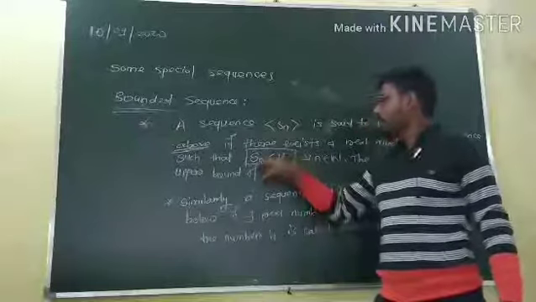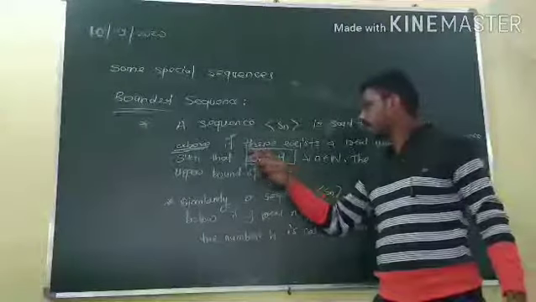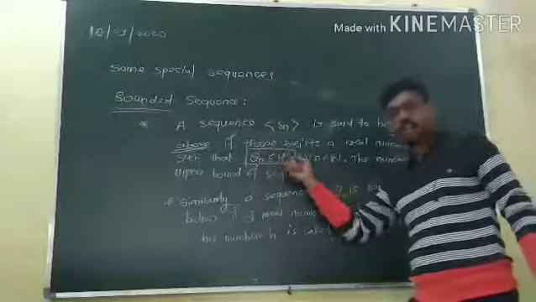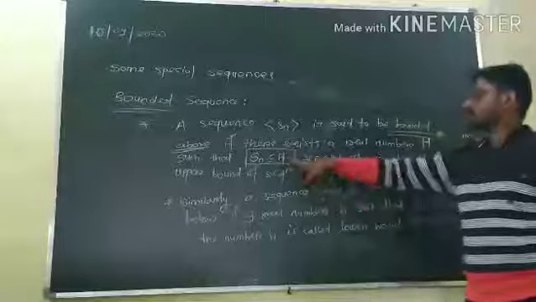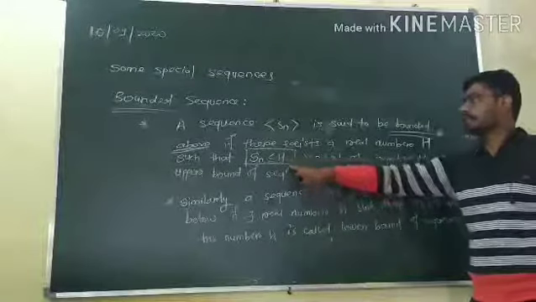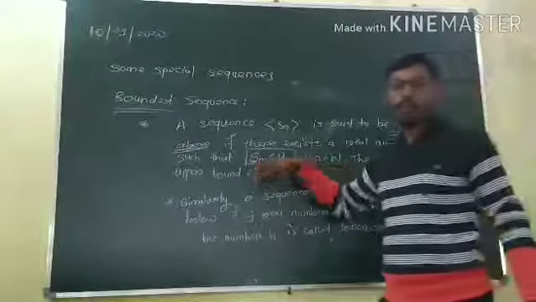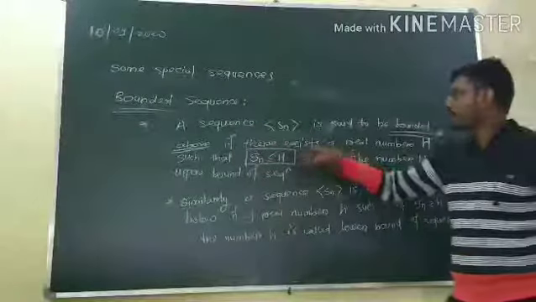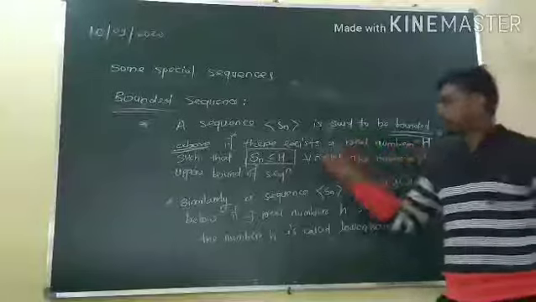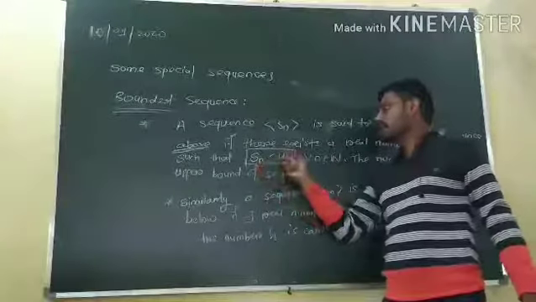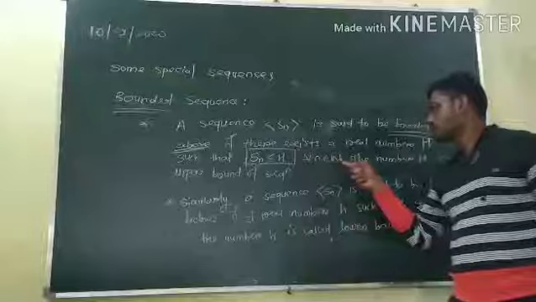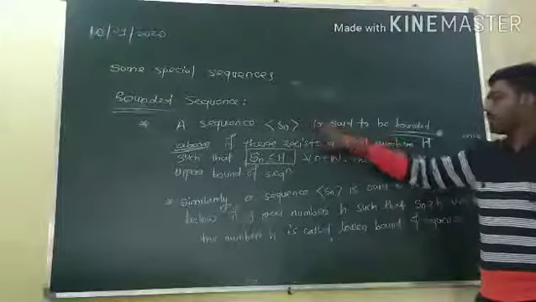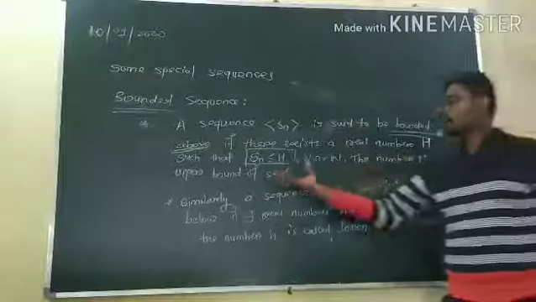When every element of the sequence, take any term, is less than or equal to some fixed number H, then we say H is an upper bound of the sequence, and the sequence is said to be bounded above. That is, Sn is less than or equal to H for all n belongs to N. Then we say the sequence is bounded above and the number H is called an upper bound of the sequence.